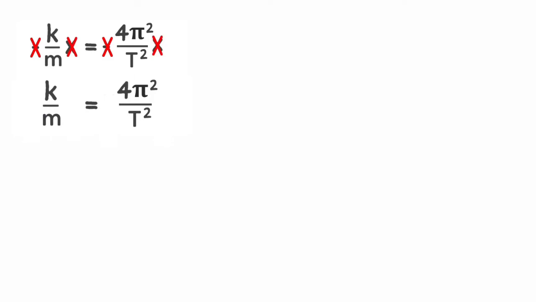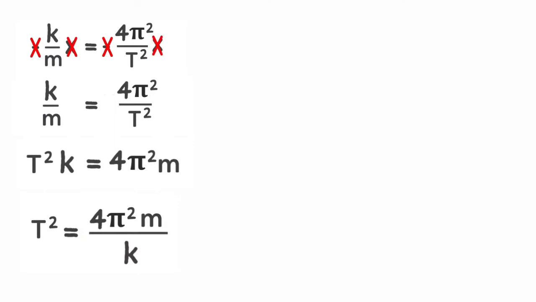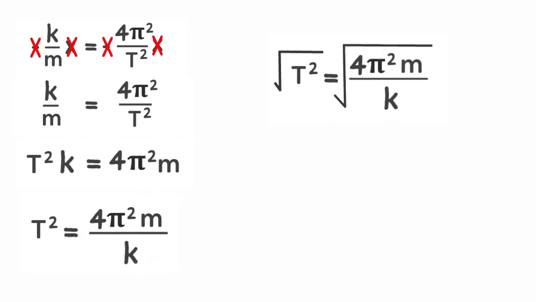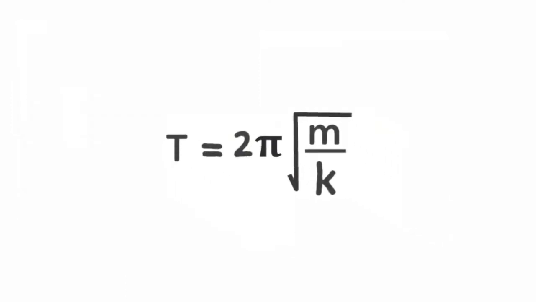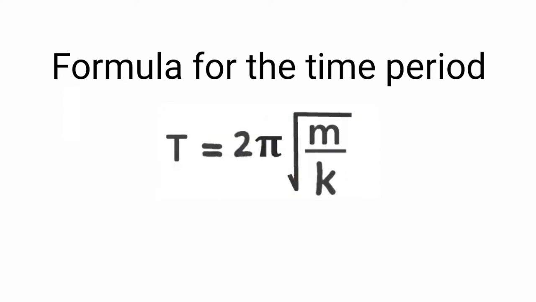And when we cross-multiply, it will become T squared times k equals 4 pi squared times m. And to isolate the time period, we will have T squared equals 4 pi squared times m over k. We will take the square root of both sides to remove the exponent of T. Now we have T equals 2 pi times the square root of m over k. And that's how we derive the formula for the time period.